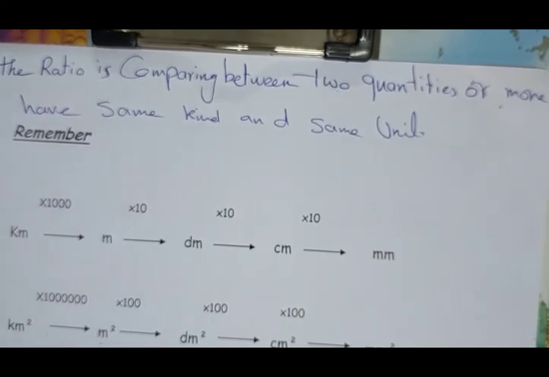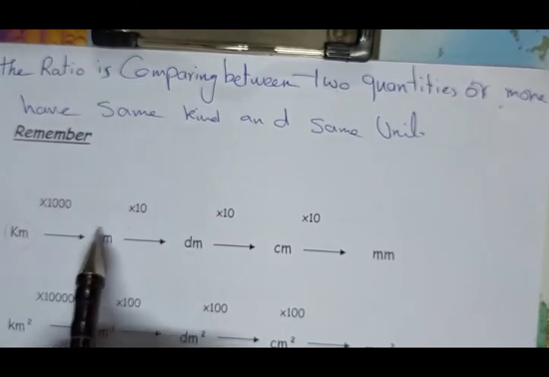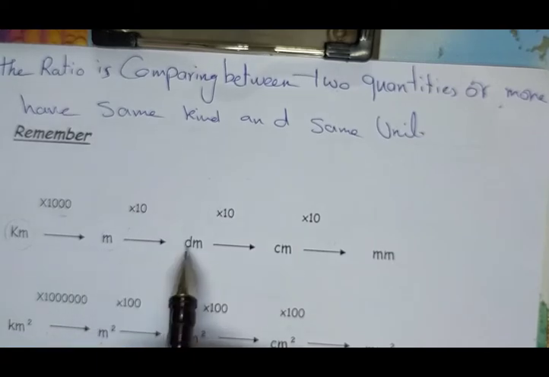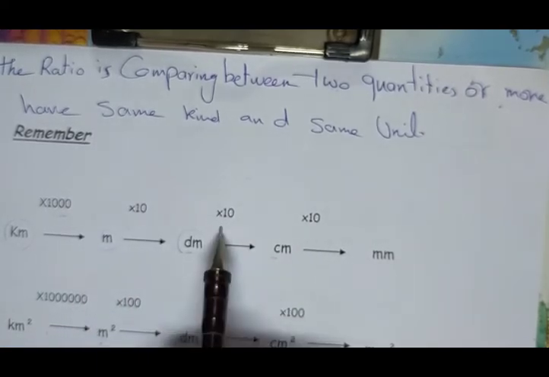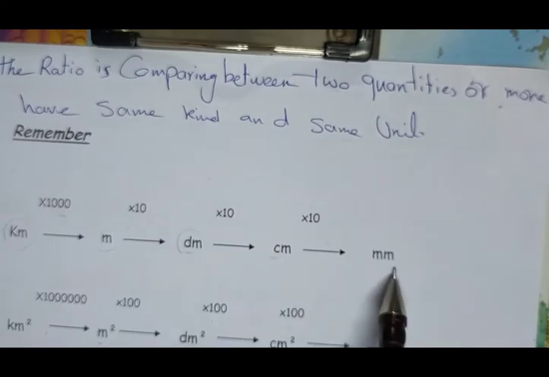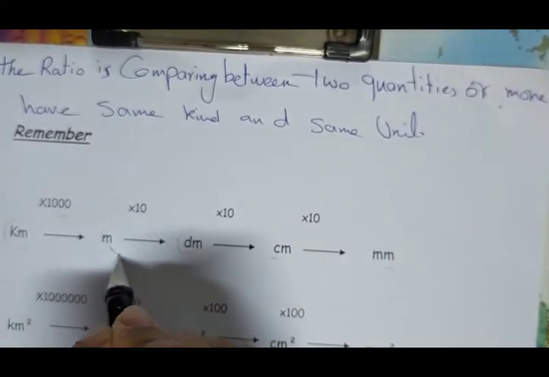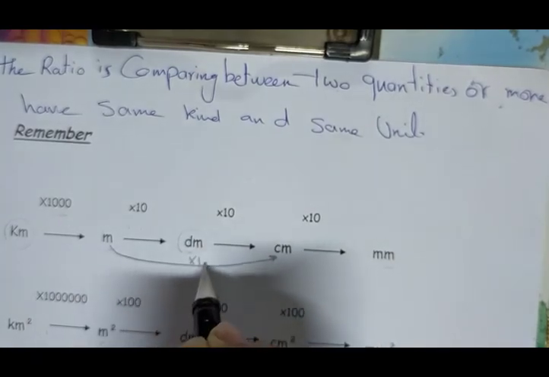But remember with me first, if I convert from kilometer to meter, times 1000, from meter to decimeter times 10, from decimeter to centimeter times 10, from centimeter to millimeter times 10. If I convert directly from meter to centimeter, times 100.